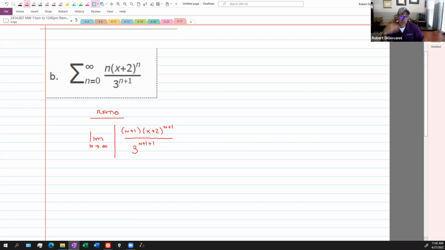And then I'm supposed to divide that by the original sequence formula, but I'm going to multiply it by the reciprocal, which has kind of become automatic at this point for me. I'm not writing the ratio. When I have a fraction, I just flip the second one over. And we want that, right, to be less than 1. This is what we want for convergence.